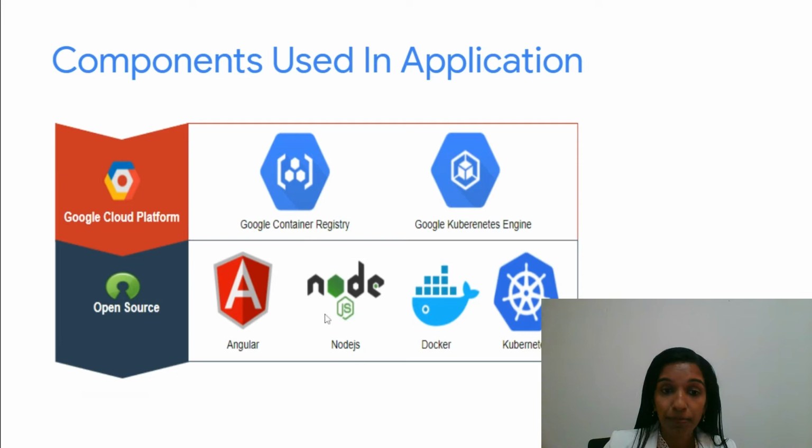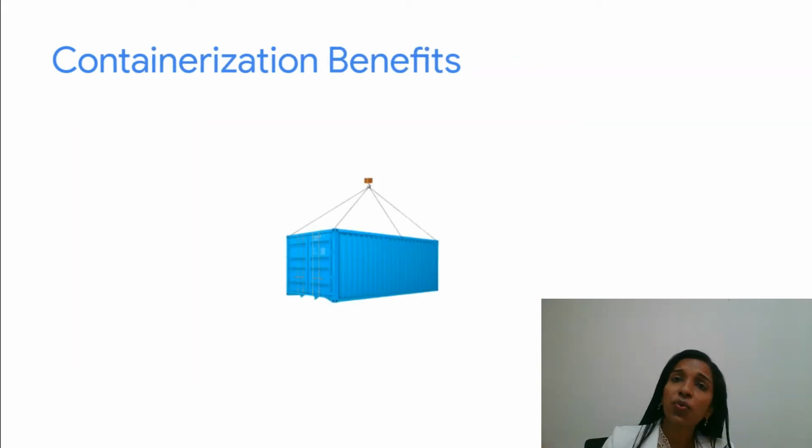So for the project, I have made use of Angular for the front end, and for the API side, I'm making use of Node.js Express API, and for creating the images, I'm making use of Docker, and for the container orchestration using Kubernetes.